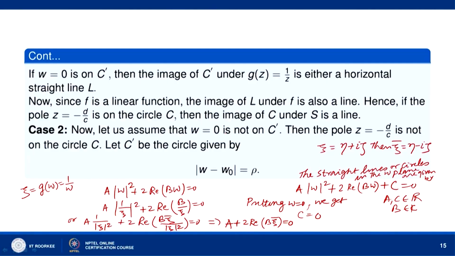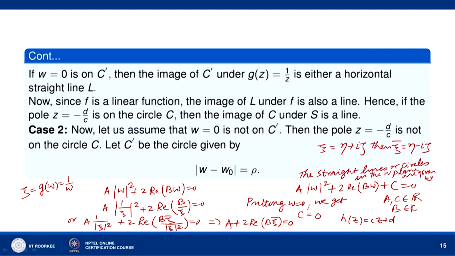Now, let us take case 2. Let us assume that w equal to 0 is not on C dash. Then, under the mapping H, let us recall, H z is equal to c z plus d, and circle C is mapped into circle C dash.